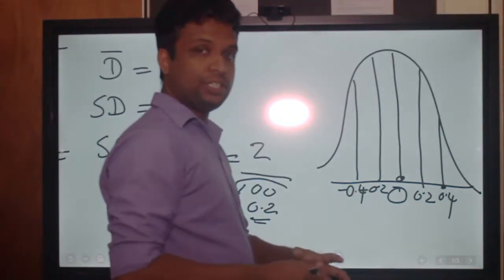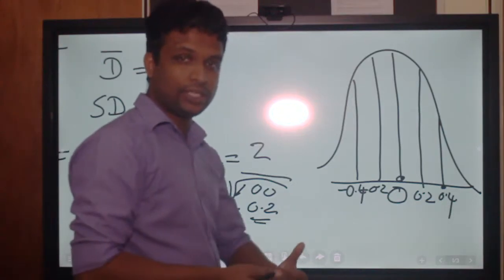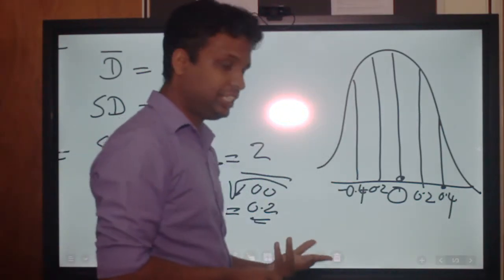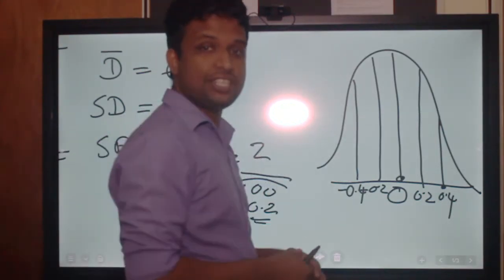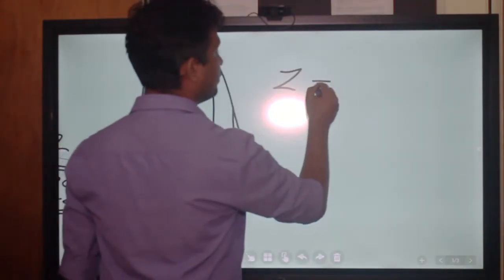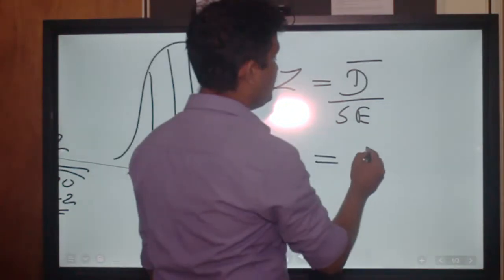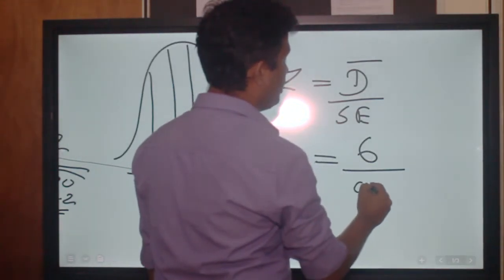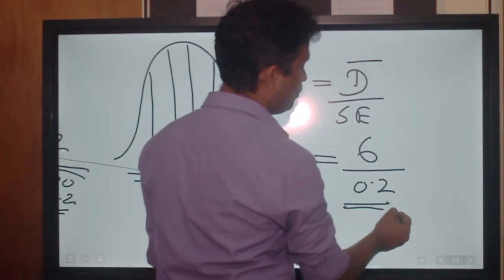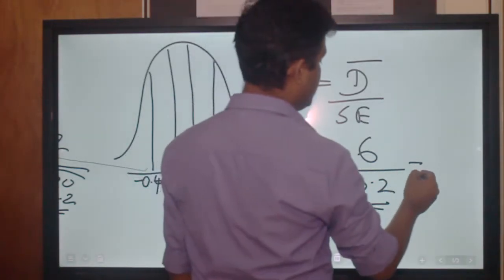0.4. Now the next step, we have to calculate the z value or the t value. We will calculate z value first. Z equals D bar divided by standard error, which is 6 divided by 0.2. That means 30.